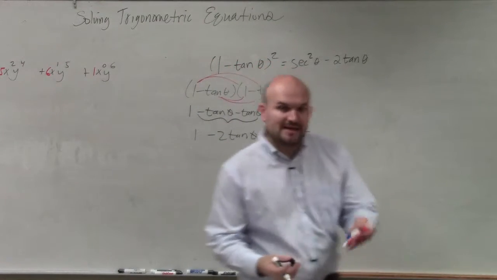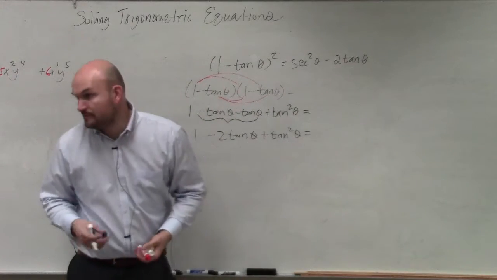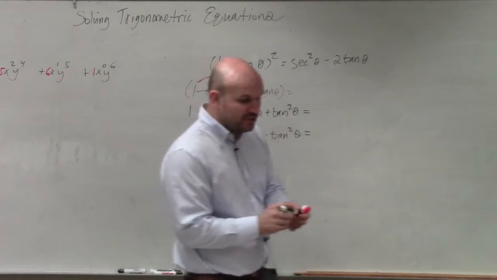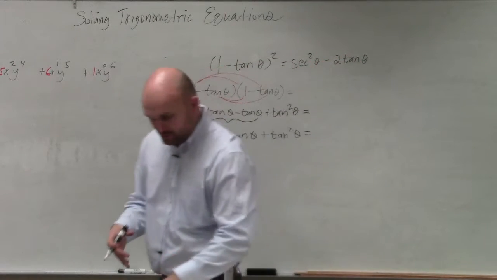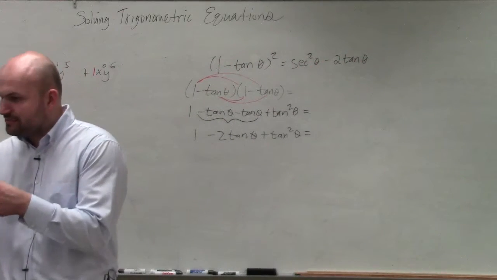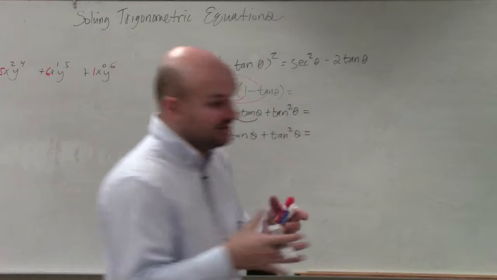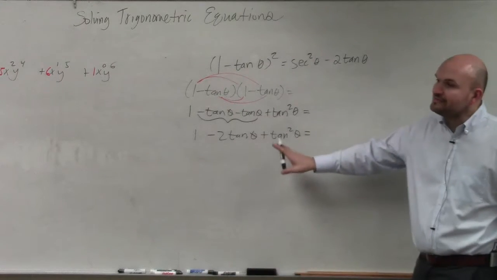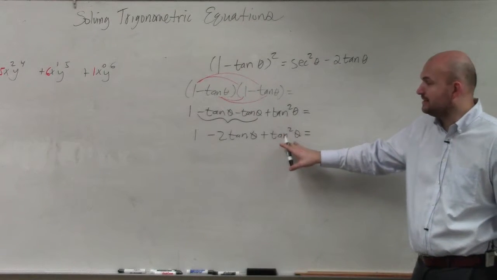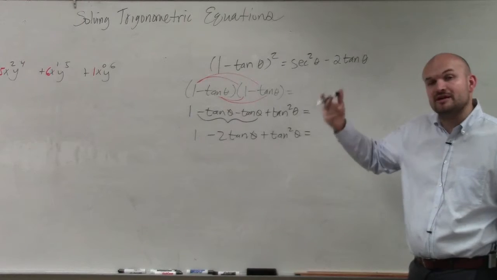Now, to make it look like the right side, I need to have secant squared, correct? And if you remember your trigonometric expressions, when you have your sheet, you will have that list of your identities, or at least of your Pythagorean identities. Whenever you see a trigonometric function squared, you want to be thinking Pythagorean identities.